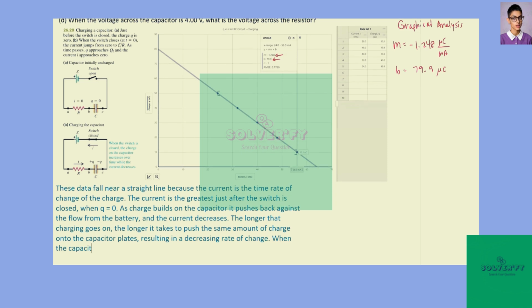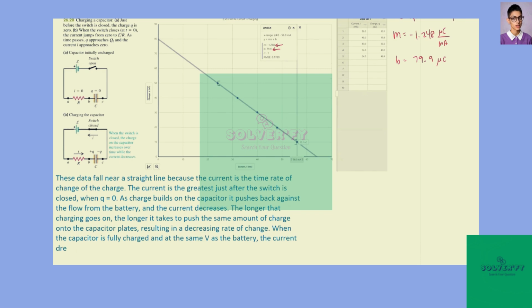And when the capacitor is fully charged and at the same potential as the battery, the current drops to 0 as no more charge can be moved.